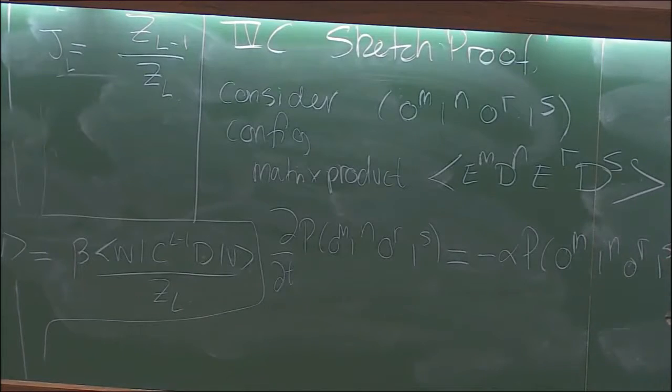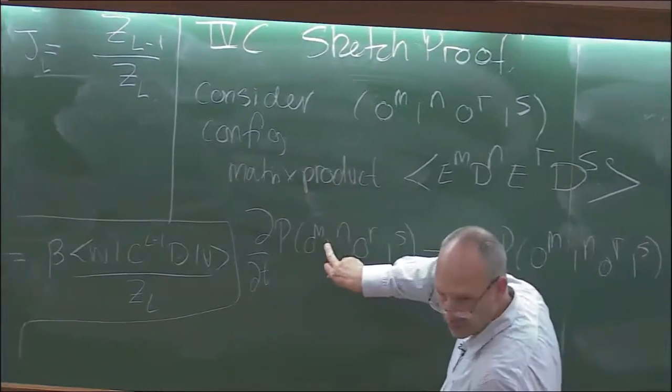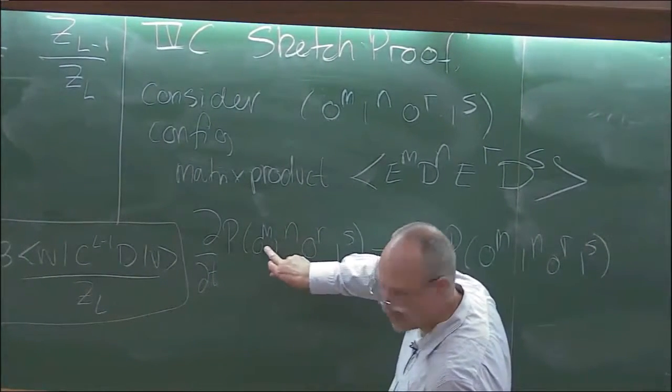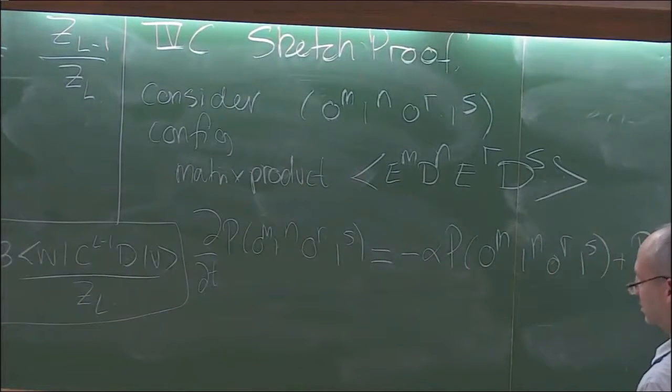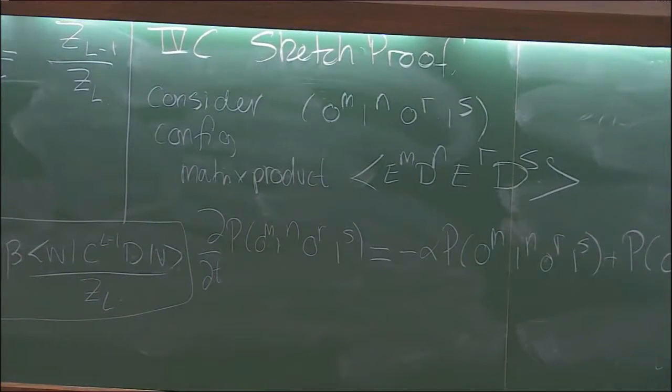I can get there from this, the first of these coming from there. So then I have 0 to the power m minus 1, 1 to the power n minus 1, 0 to the r, 1 to the s.